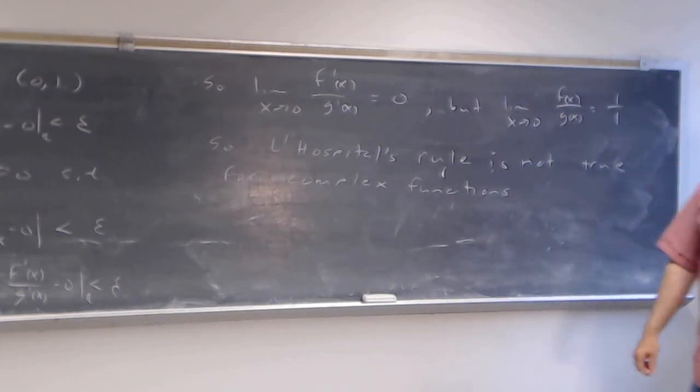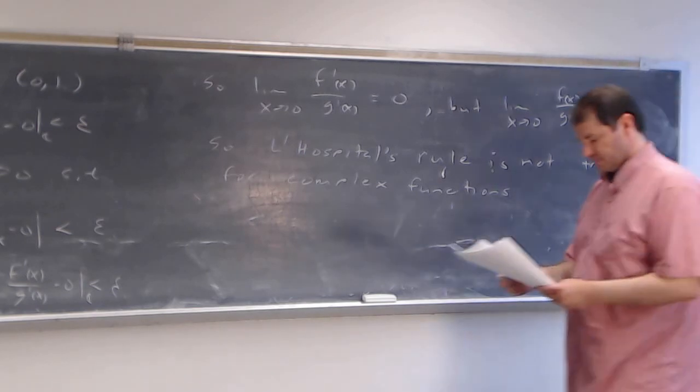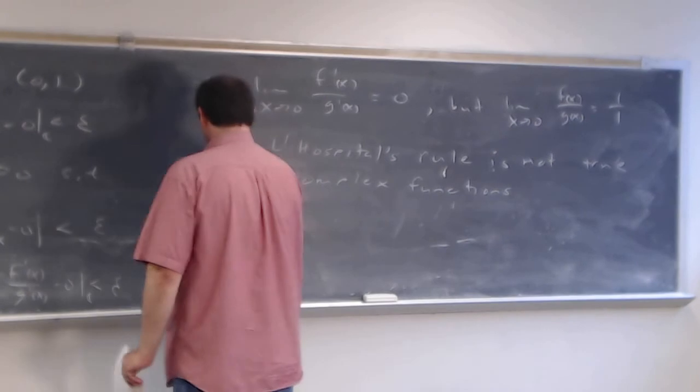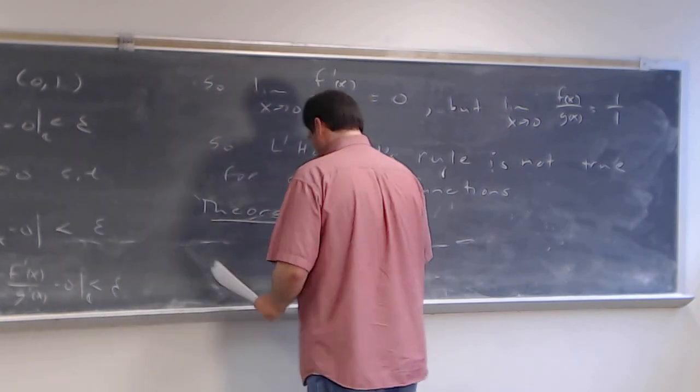The last thing in this chapter 5 is a statement that's a very similar version to the mean value theorem, for complex valued functions. And here's what it says.